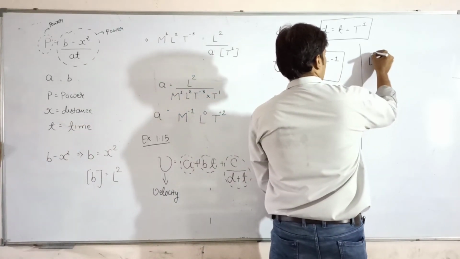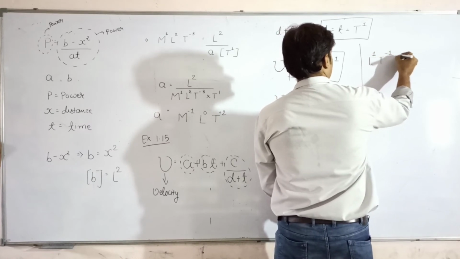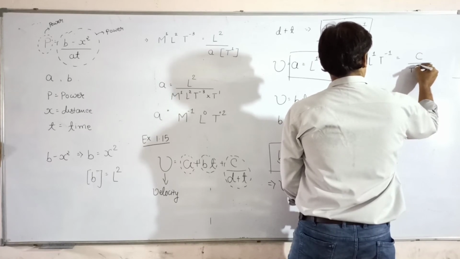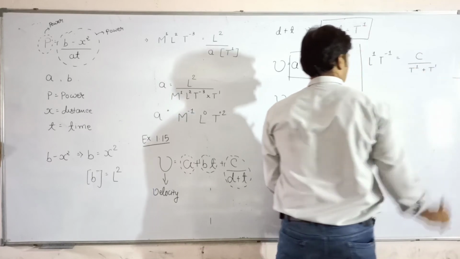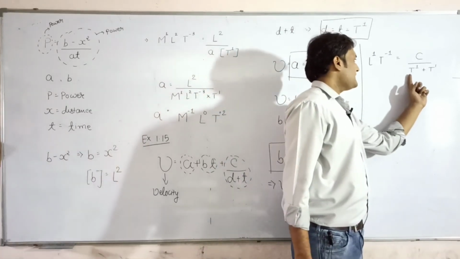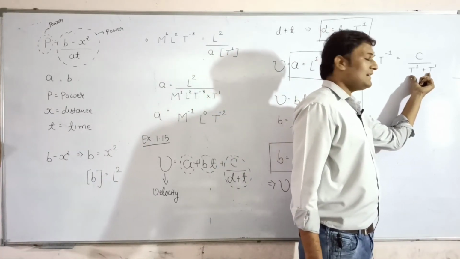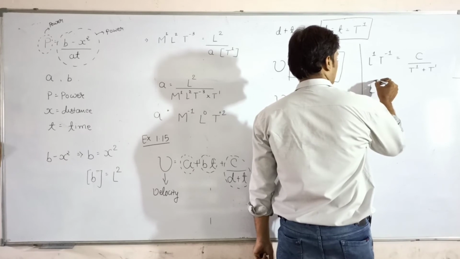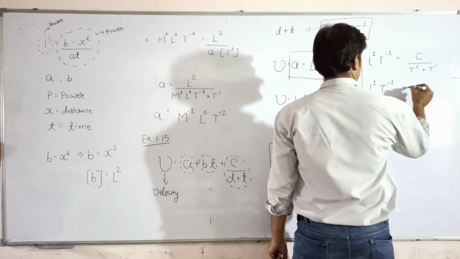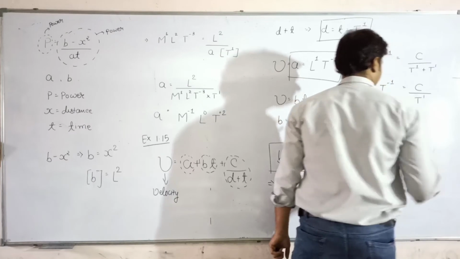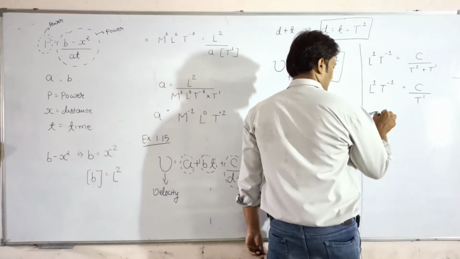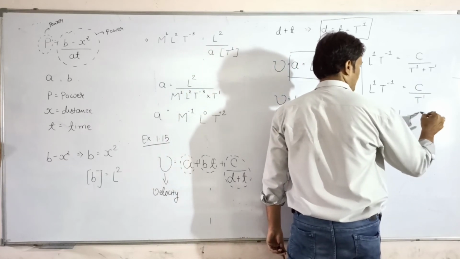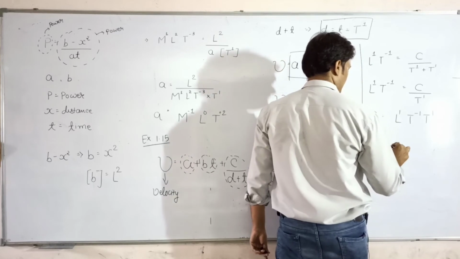The dimensional formula of D plus t is the same. D is T1 and t is T1, both are time. So in dimensional formula we can write L1 T minus 1 equals C upon T1. Making C the subject, C is equal to L1 T0.